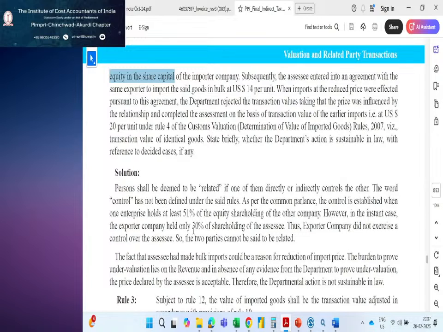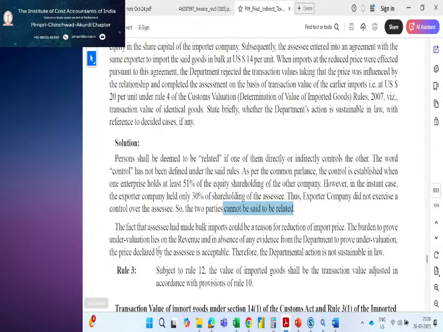In our case, 30% of shareholding. The exporter company did not exercise control over the assessee. So we cannot say they are related. The fact is bulk imports could be a reason for reduction of import price.